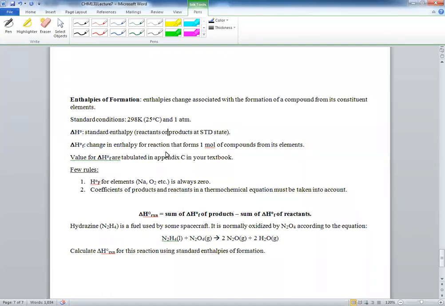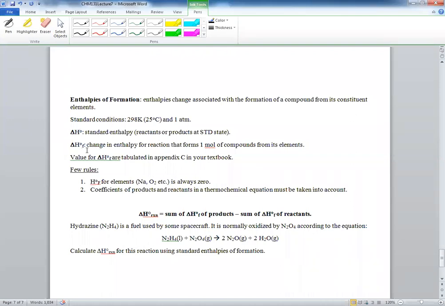There are a few things to remember. We have standard conditions, and those are 25 degrees Celsius or 298 Kelvin and 1 atm for pressure. So the delta H, when you see this kind of like an O at the end, that means standard. These are the standard states, the conditions.